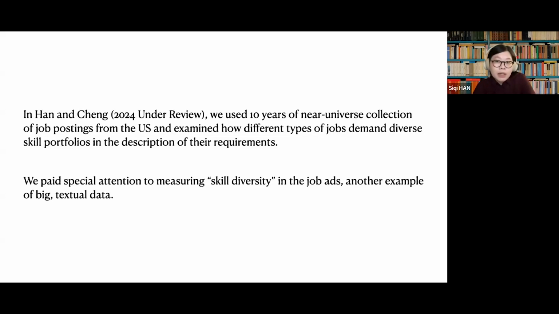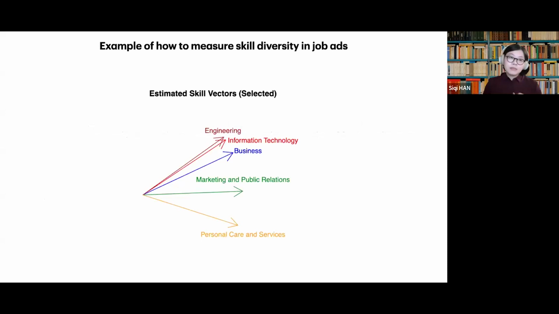Again, this is another type of big data and textual data because we first gathered the job postings from online, which is unstructured text, and then we get the skills out of it. We vectorize the skills in a multidimensional space like this. Then we can see whether two skill vectors are closer to each other or more distant from each other.